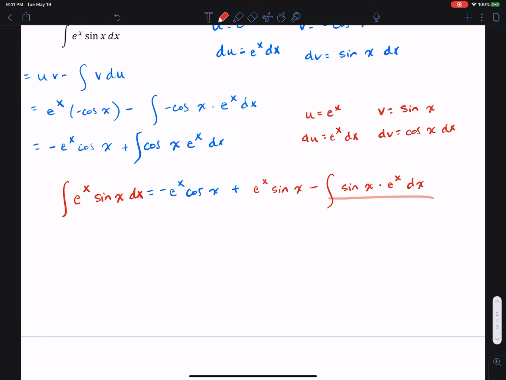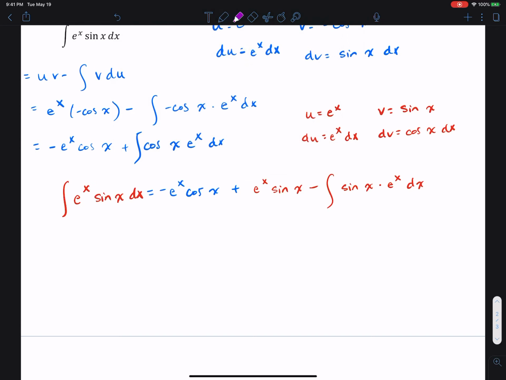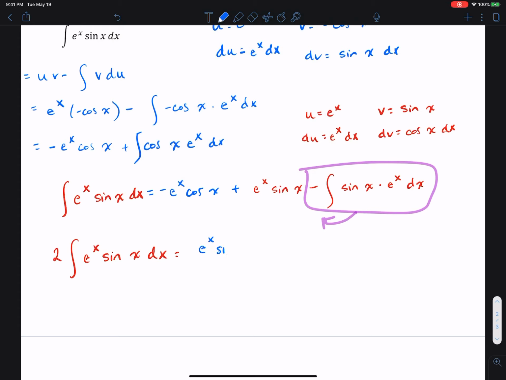So I can do some algebra now where I can move this over to the other side. If I add the integral of sine of x e to the x dx to the other side, then I end up with two of these integrals, right? And that's equal to, I'm just going to rewrite this as e to the x sine of x minus e to the x cosine of x.